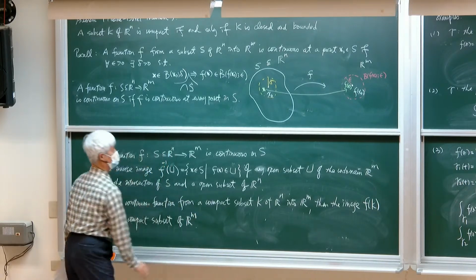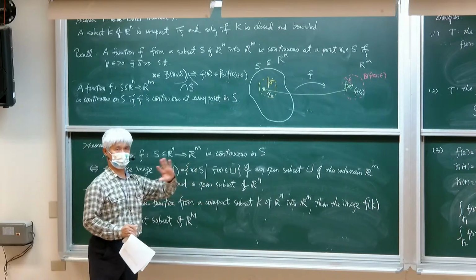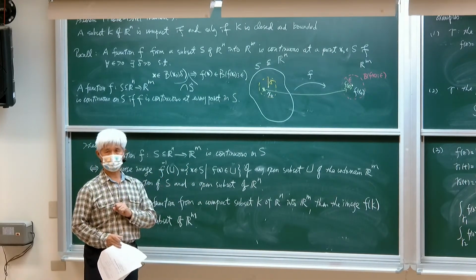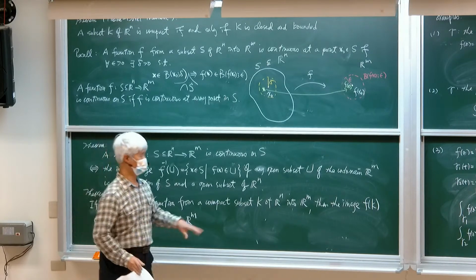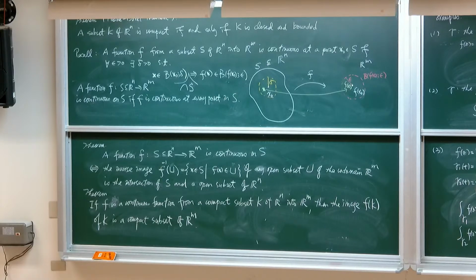So a compact set will preserve compactness under continuous mapping. We need this result. Okay, so I'll stop here.